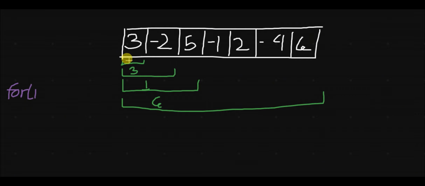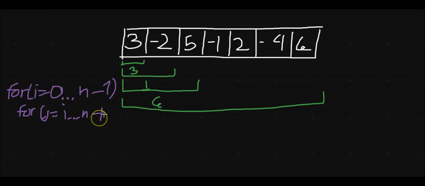For i, which is the start of the array, for i equals 0 until the end of the array, n minus 1. And this process repeats for the inner loop: for j equals i until it reaches the end of the array, n minus 1.